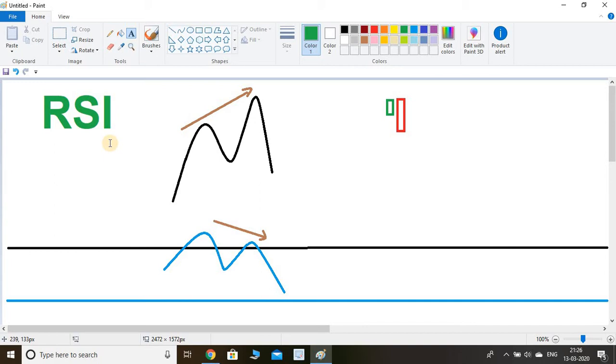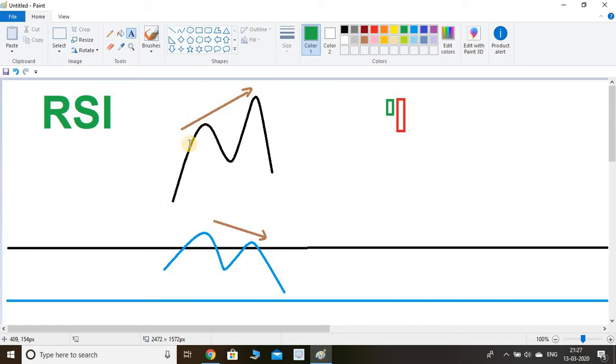It indicates the strength and relativity, the relativity of past price and present price and their comparison, and that is called relative strength. Suppose this is the price and this is the RSI indicator. This is the past high and this is the recent high.